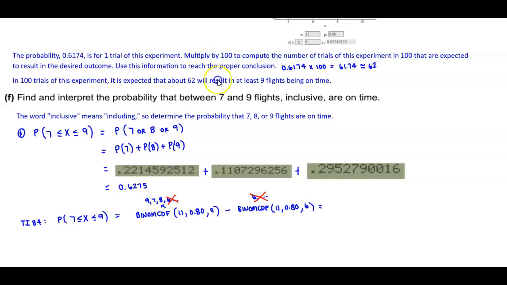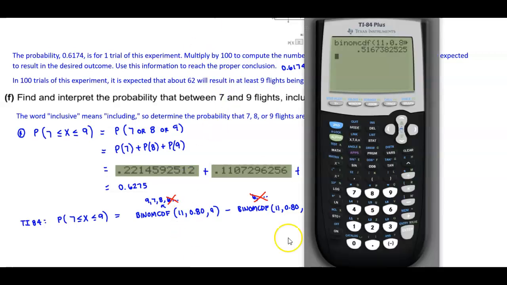So let's go ahead and put that in our calculator. We're going to go second distribution, and go to binomial CDF. We know that 11 trials, the probability is 80%. We're going to start with 9, and then select paste. So we have it in our calculator. We're going to select subtract. Now we're going to go back to second distribution, and then back to binomial CDF.